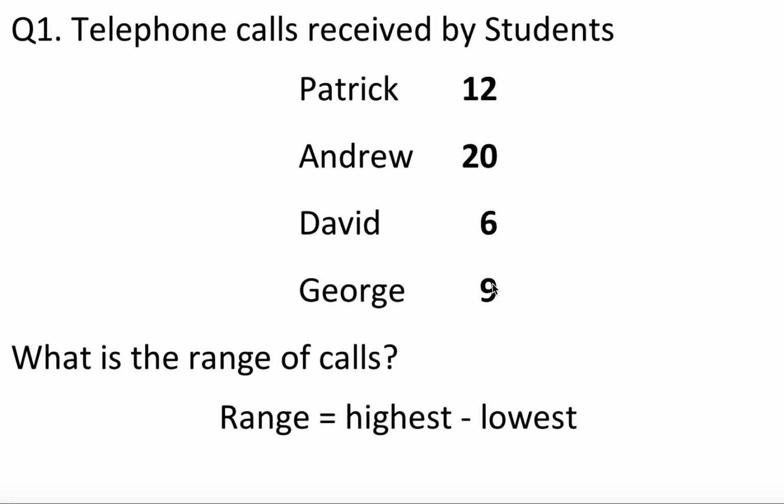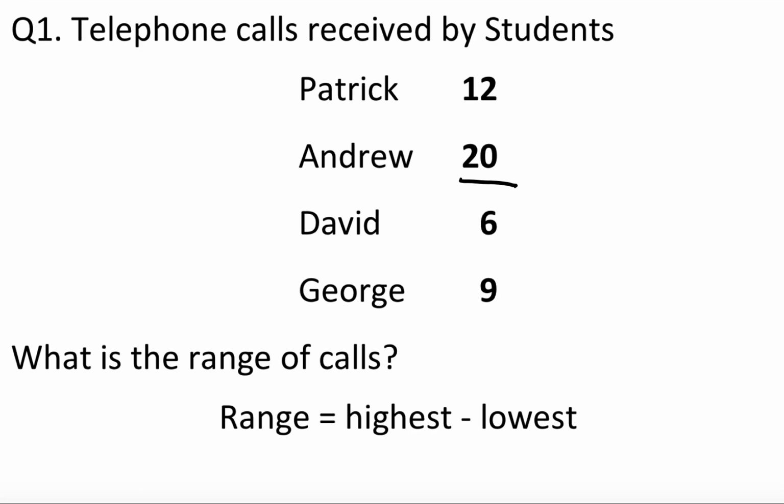So basically, to find the range, you need to find out who got the highest and take away the lowest, and that will give you the range of calls. So if we look at it, we can see Andrew had 20 calls.